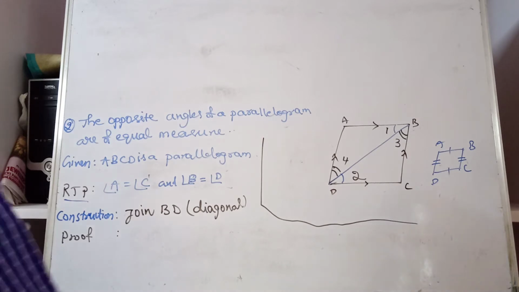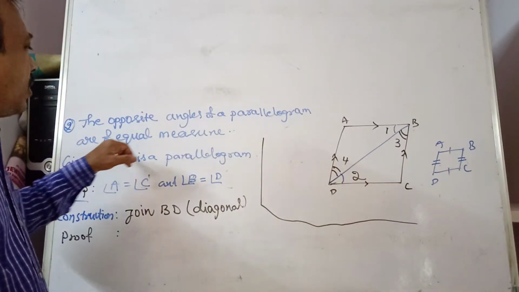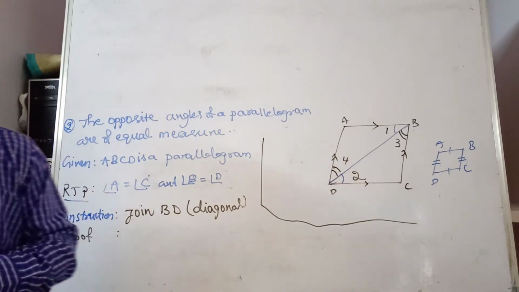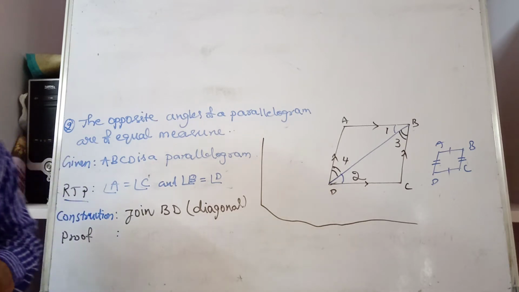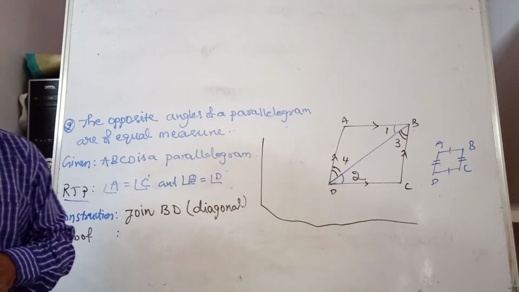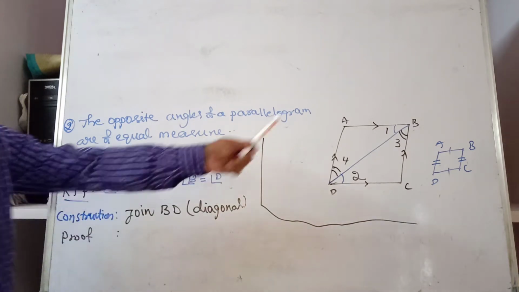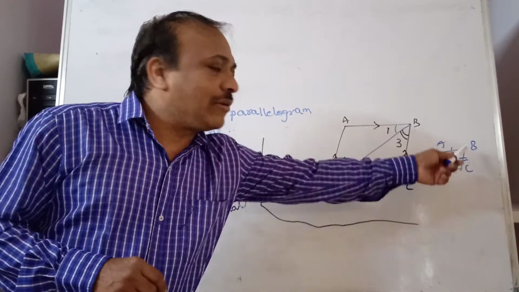Now you see the second property, the opposite angles of a parallelogram are of equal measure. Opposite angles will be equal in a parallelogram. How is it? Just now we proved opposite sides are equal. So AB is equal to DC and AD is equal to BC.